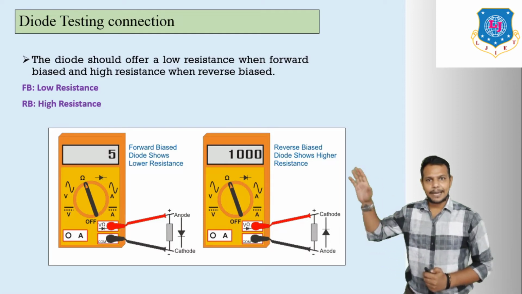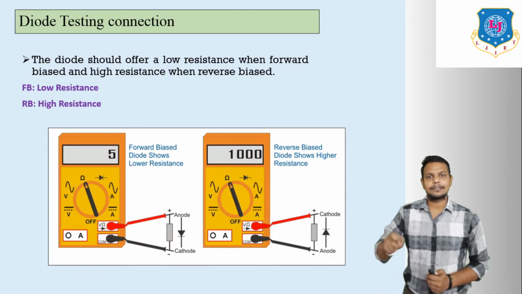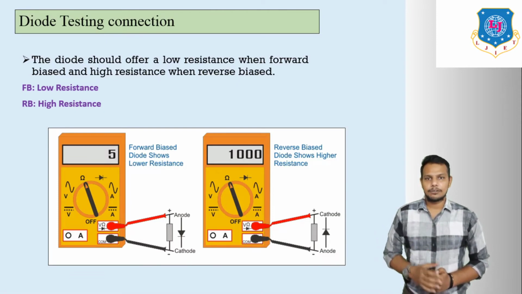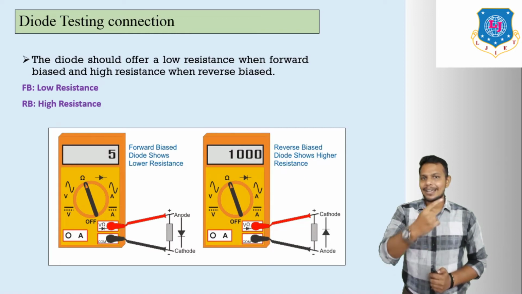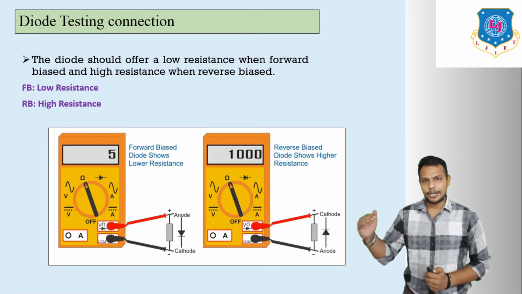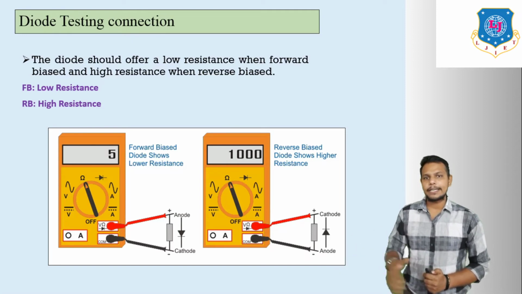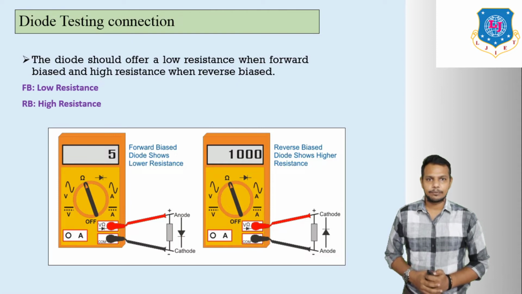This center black part is known as the knob; we have to set that knob at the resistance point. Then we connect the diode's anode and cathode terminals to the wires of the DMM. The red wire indicates positive and the black wire indicates negative.